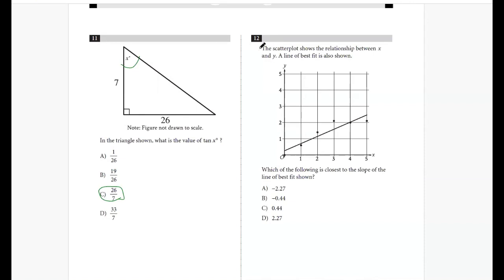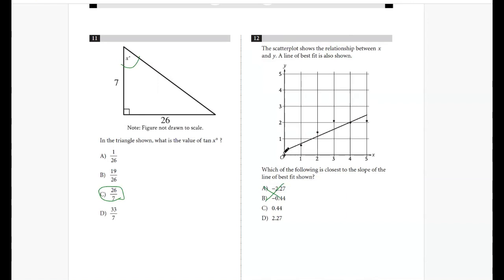The plot shows the relationship between x and y. A line of best fit is also shown. Which of the following is closest to the slope of the line of best fit shown? So this is a positive linear graph, so A and B are automatically wrong.